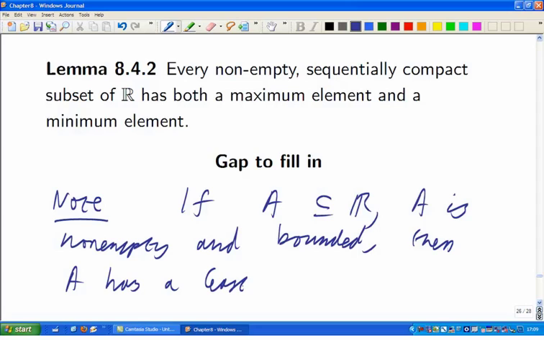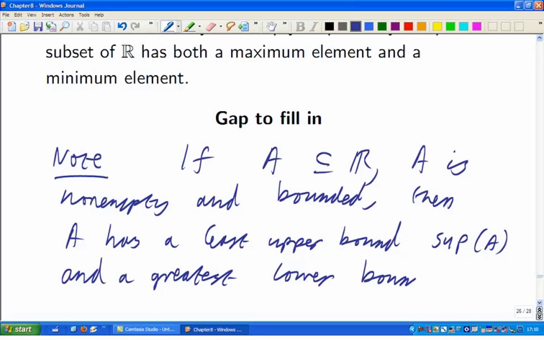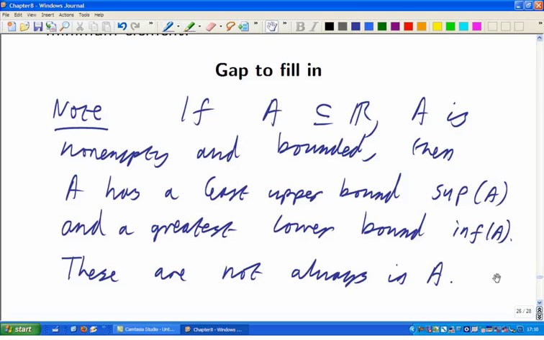Then you do know that A has got a least upper bound, the supremum of A, and it's got a greatest lower bound, which is the infimum of A. But they might not actually be in A, and of course neither do the points in between them have to be in A. A doesn't have to be an interval. But we do have some information available.